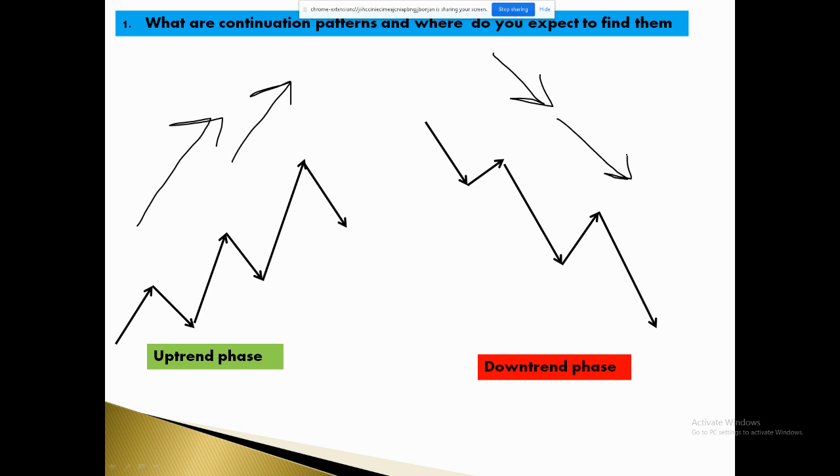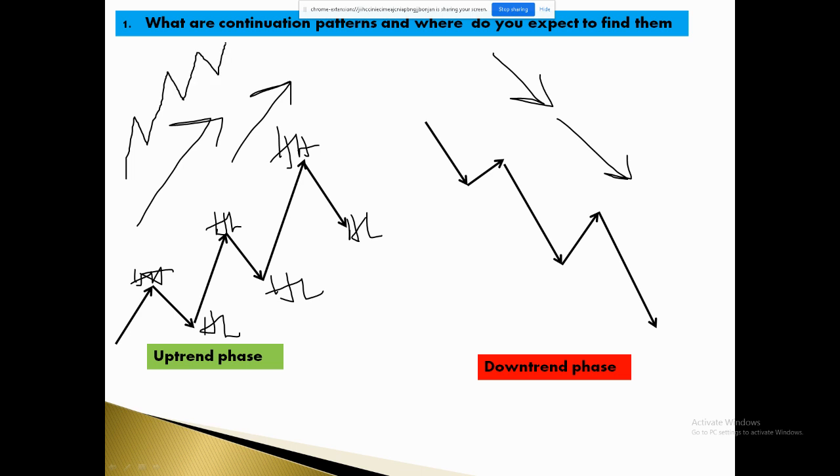Now, if you've watched any of my videos, I've shown you several times that if price is going upward, it will be making a series of higher high, higher low, higher high, higher low, higher high, and higher low. So it's kind of a zigzag that is going upward. So that is what we call an uptrend move. So you should be able to identify it correctly on a chart.